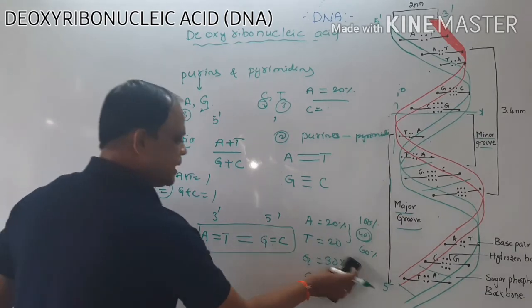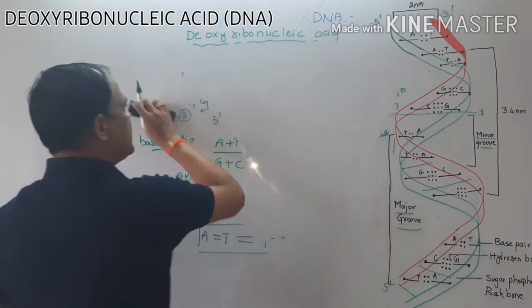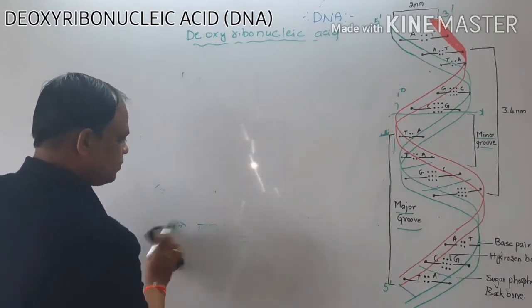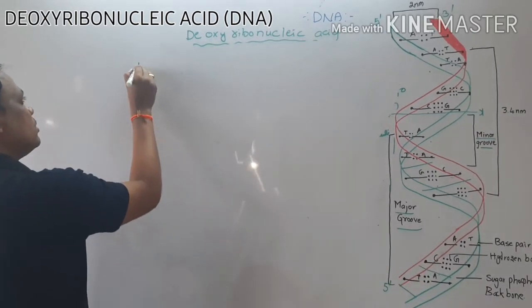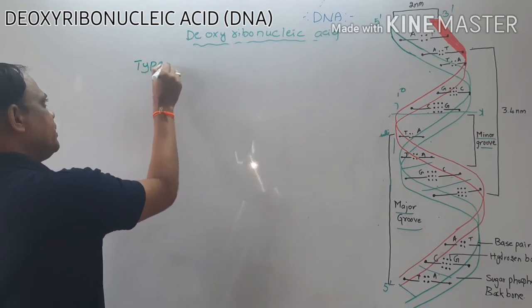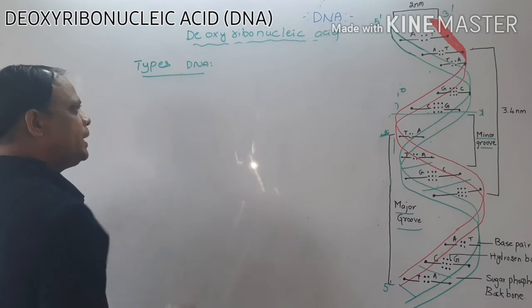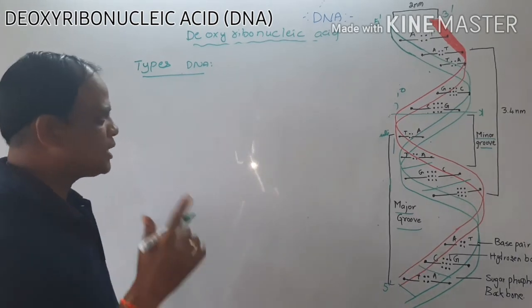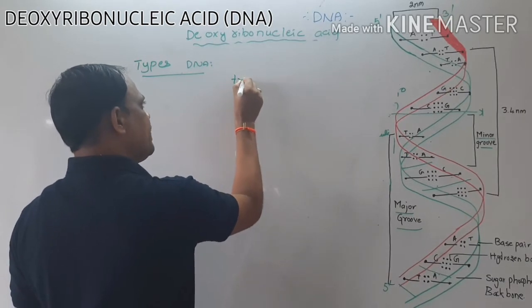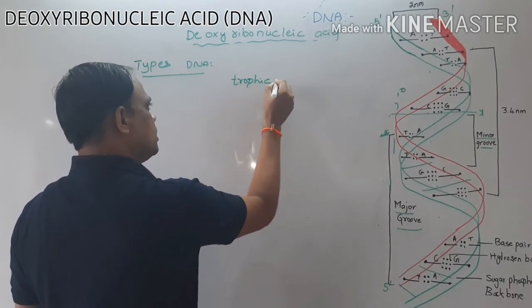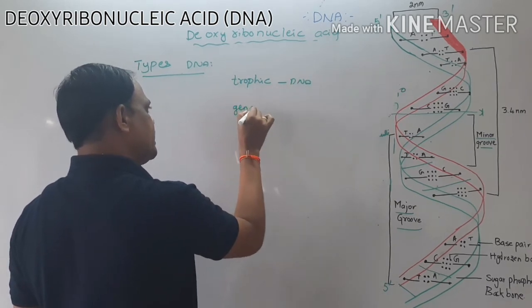And then the next one is types of DNA. Mainly, two types of DNA are present: one is the tropic DNA, and the second one is the genetic DNA.